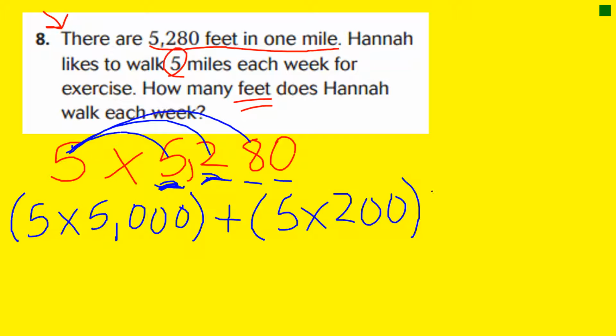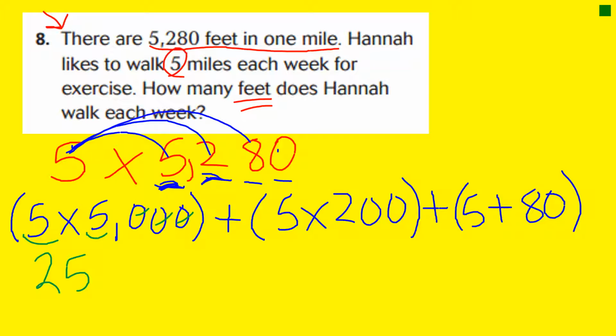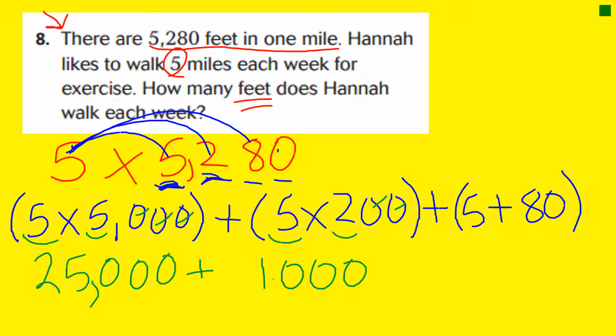Plus, what is an 8 worth in the tens place? 80. And nothing in the ones place, right? All right, so basic fact, 5 times 5 is 25. So 5 times 5,000 is 25,000, plus 5 times 2 is 10. 2 zeros. 5 times 200 is 1,000, plus basic fact 5 times.